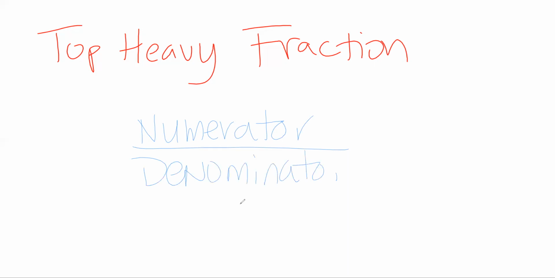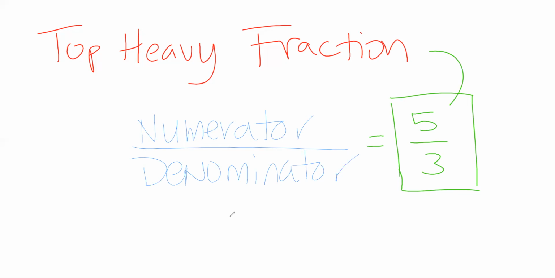Which means you're working with something that's greater than the whole. An example of that might be something like 5/3. As you can see, the numerator, the top of the fraction, is larger than the denominator itself, which means it's more than what we have. And we have to think about what that means as a model. What's happening here?